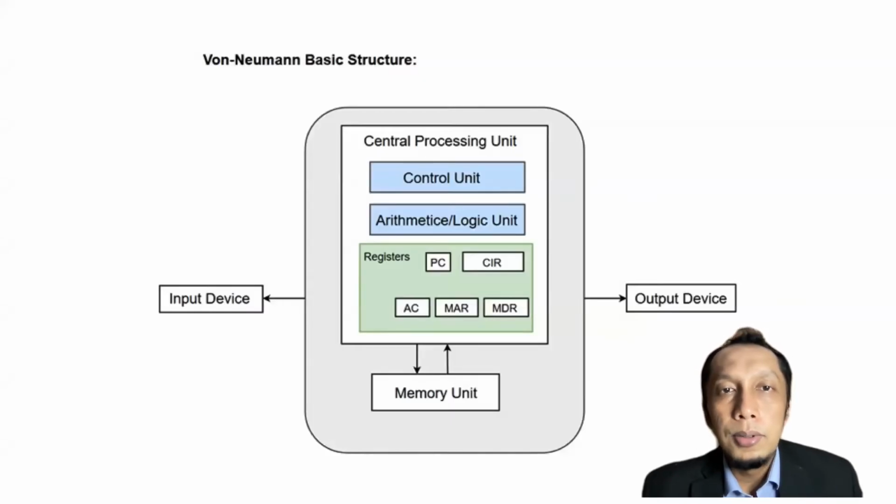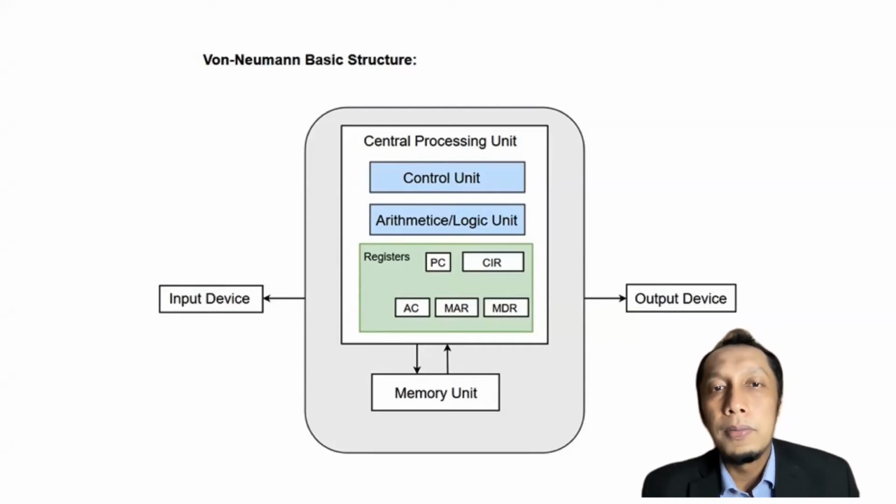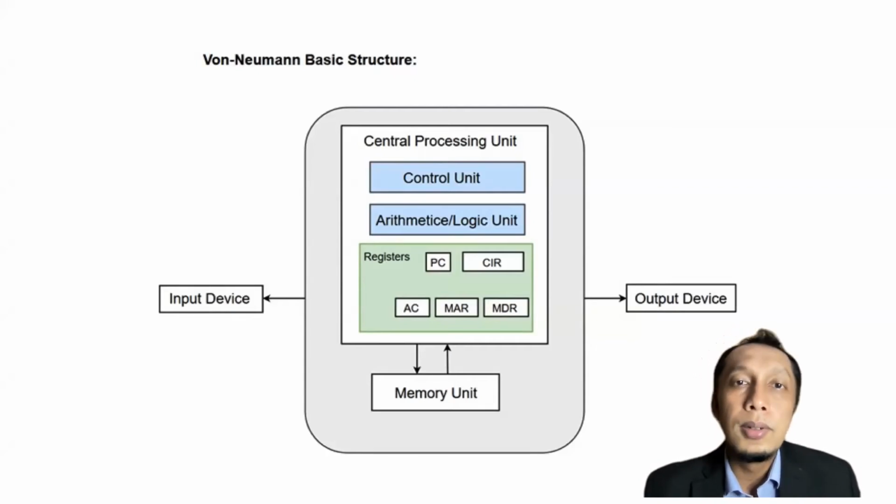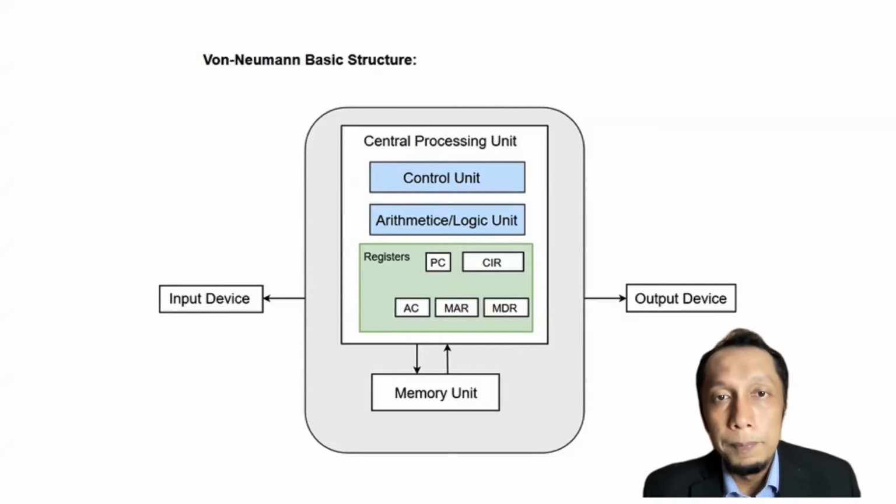So this is the von Neumann basic structure. Essentially, you have the input, you have the processing unit, and you also have the output. The processing unit consists of the CPU or central processing unit and the memory unit. The processing unit is where the calculation or the processing happens.